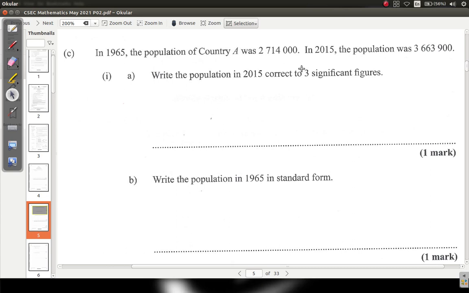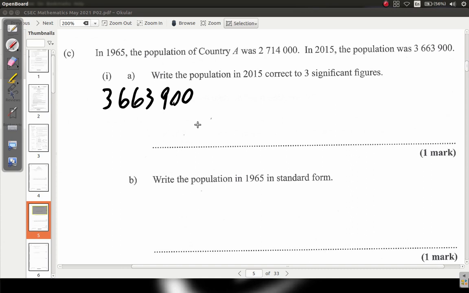Now, 2015, 3 significant figures. Remember, the population you look at is 3,663,900, and they said to 3 significant figures. Now remember, the first significant figure is the first non-zero digit as you look from left to right.